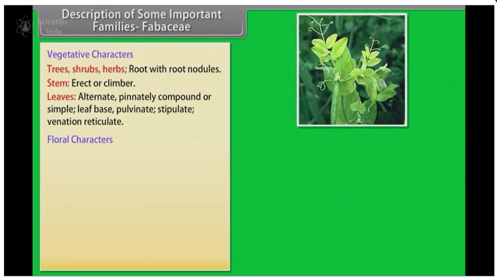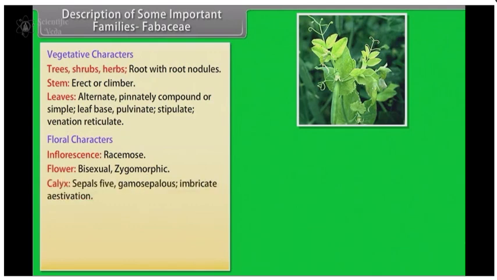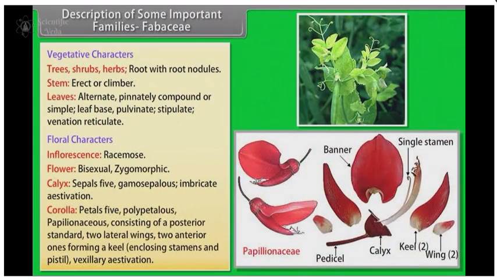Floral characters: inflorescence racemose, flower bisexual, zygomorphic, calyx sepals 5, gamosepalous, imbricate aestivation. Corolla petals 5, polypetalous, papilionaceous, consisting of a posterior standard, 2 lateral wings, 2 anterior ones forming a keel, enclosing stamens and pistil, vexillary aestivation.